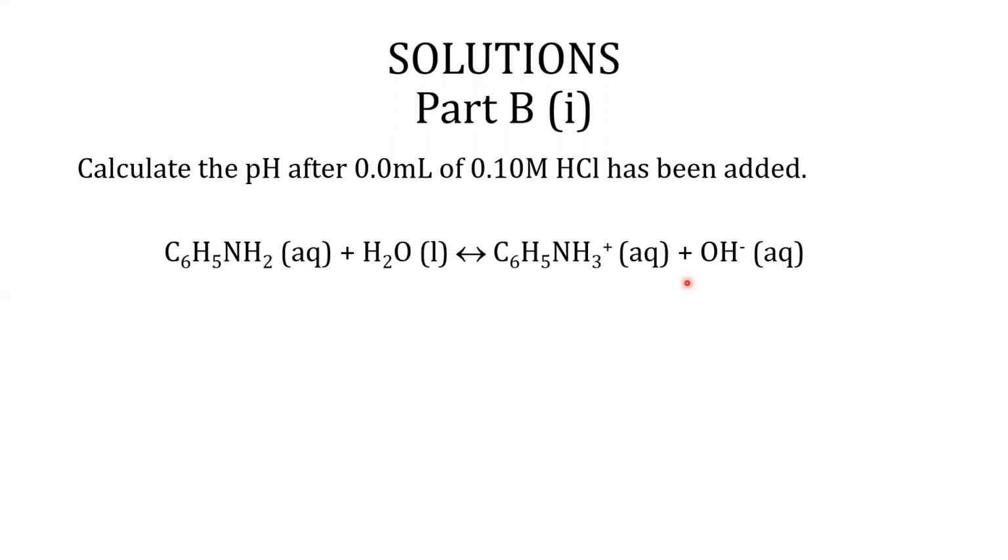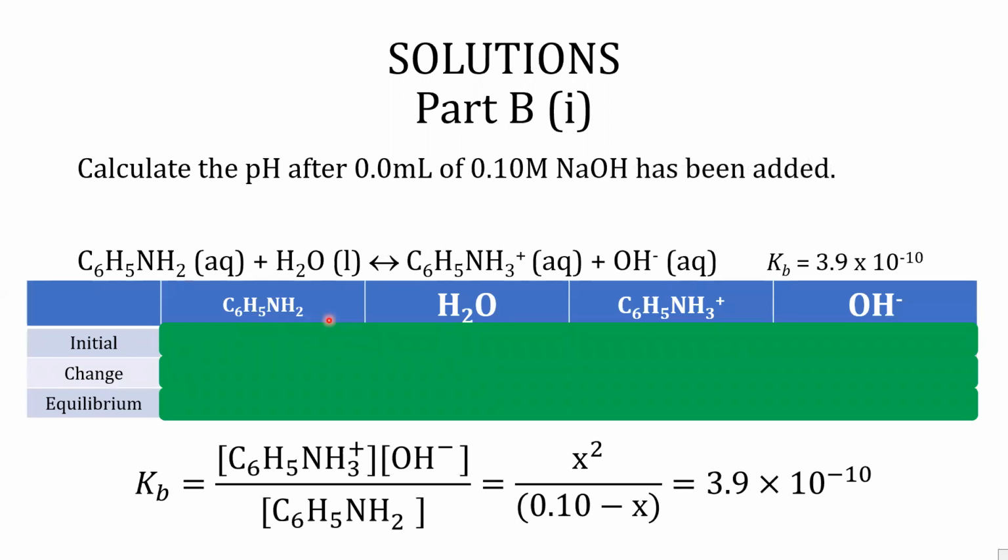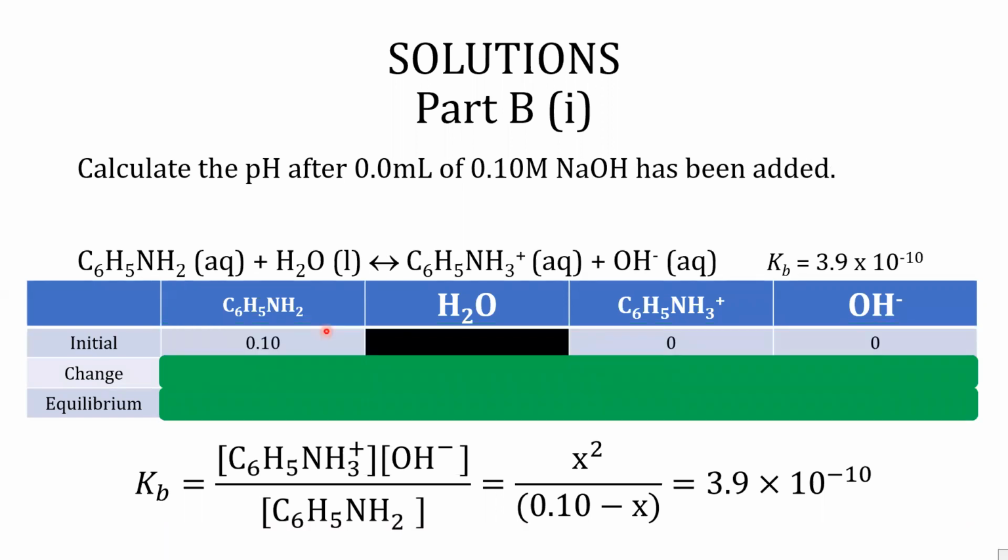The first problem is to calculate the pH after 0 ml of 0.10 M HCl has been added. To solve this problem, one needs to construct an ICE table. The initial concentration of C6H5NH2 is 0.10 molar, and for C6H5NH3+ and OH- both are 0.